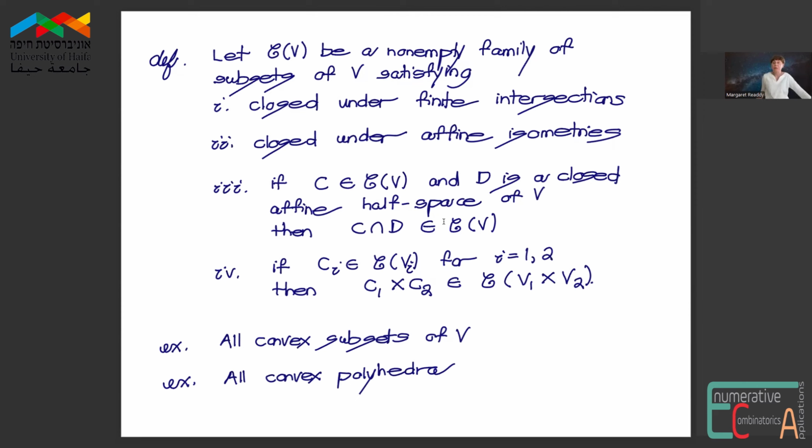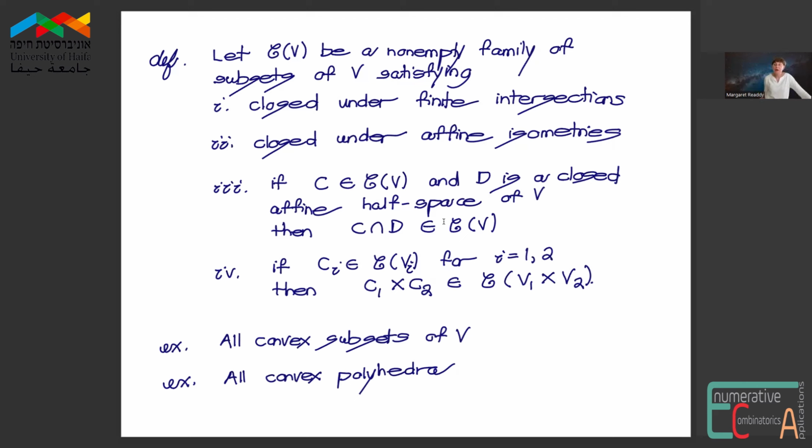It's closed under finite intersections, closed under affine isometries, so if you have such a set and move it around, it's still in the family. And if you have an element in the family and a closed affine half space, and you intersect it with your set, we want that intersection to still be in this family.